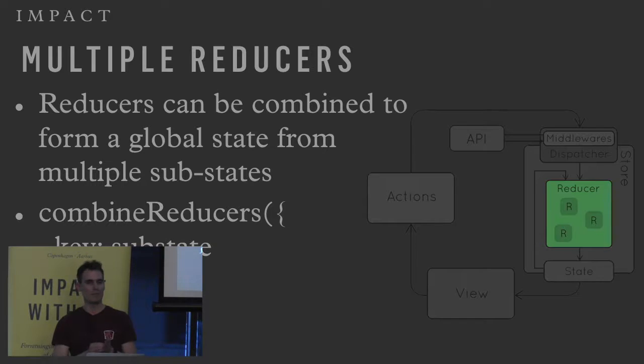So as an example, you could imagine an application where you had a basket and a set of products, and a user even maybe, and each of these substates would have their own reducer defined to describe how to transform these. And you would combine these with a function exposed by Redux called combine reducers, and it will sort of describe the global state of your application.